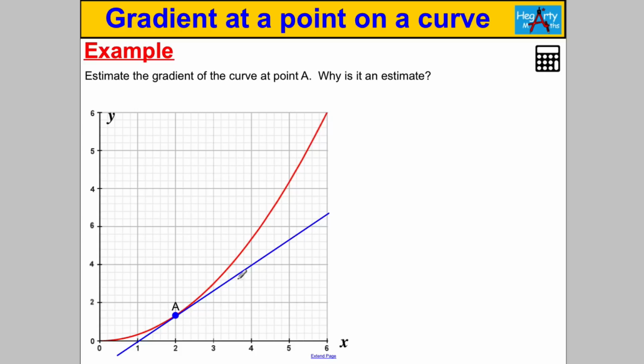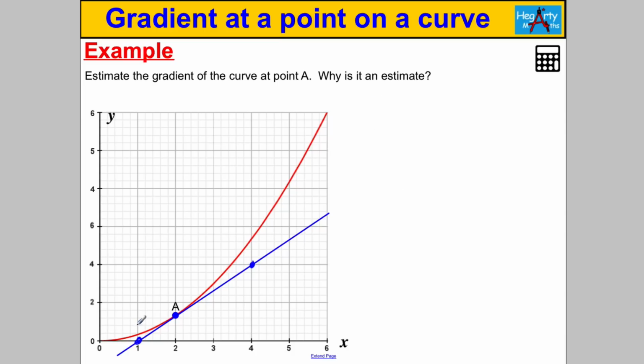So can I find some here? Well, that looks like a lovely coordinate right on a mark, 1, 0, and that one does as well. It's at 4, 4. So if we try and work out the gradient of this tangent, that will be an estimate for the gradient of the curve at point A, and we'll talk about why it's an estimate in a second.